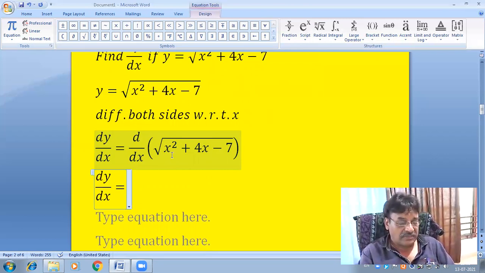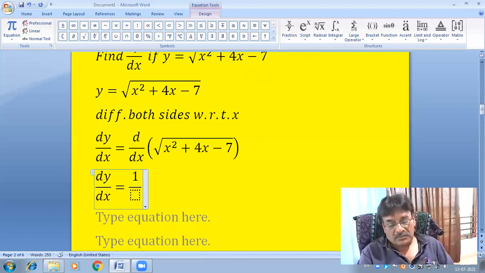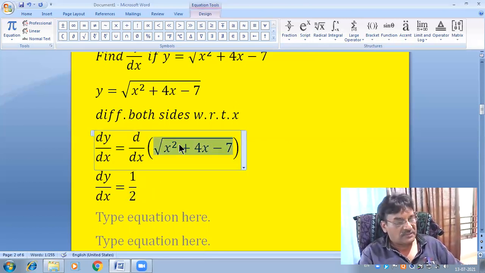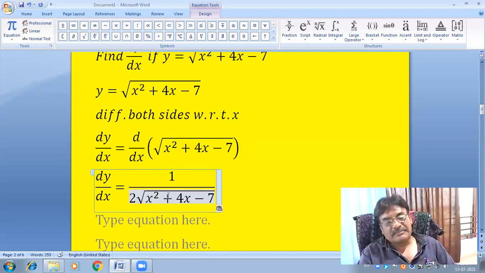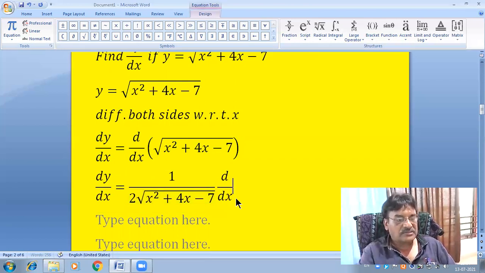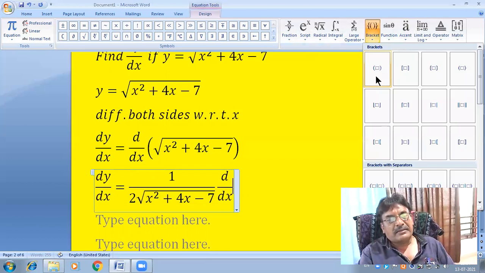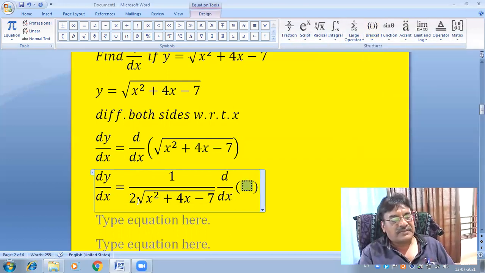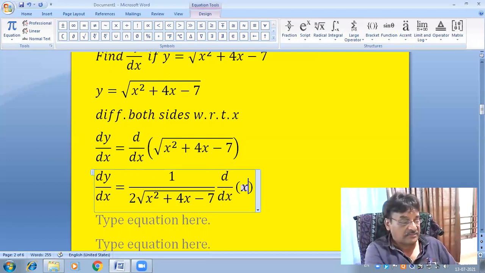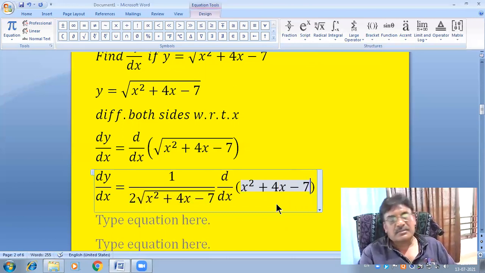So we write 1 by 2 root x square plus 4x minus 7 into d/dx of, in bracket, x square plus 4x minus 7, where f(x) is replaced by x square plus 4x minus 7.